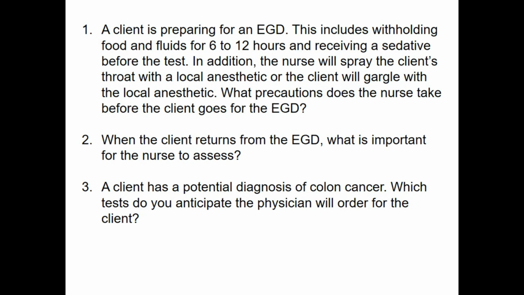Maybe a Hemoccult if they haven't done one yet. Maybe a barium enema or barium swallow, which can find tumors in the colon. Maybe a CT scan with contrast, so a bowel prep and a CT scan. If the CT scan shows something, then maybe a colonoscopy. So there are some things that would probably happen with this patient.